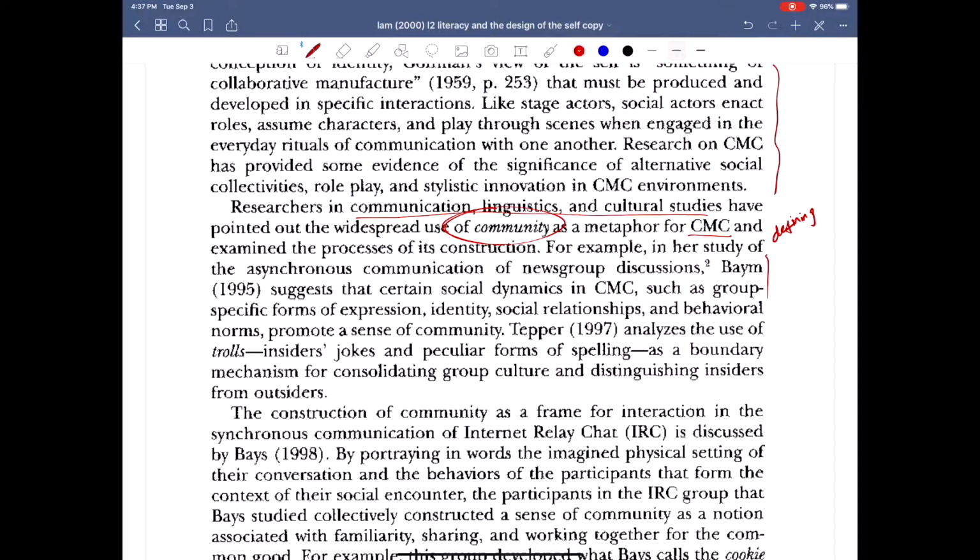Here she's given an example, and I think it's illustrating, right? In this case, she's trying to show one example of how someone has used community, CMC, asynchronous communication in this context. So she gives one example here, and she gives another example here.